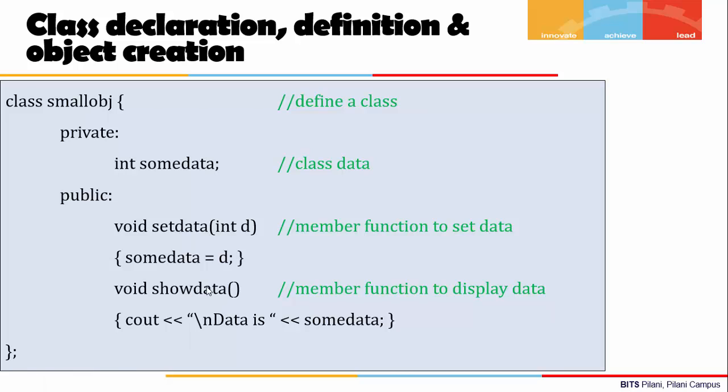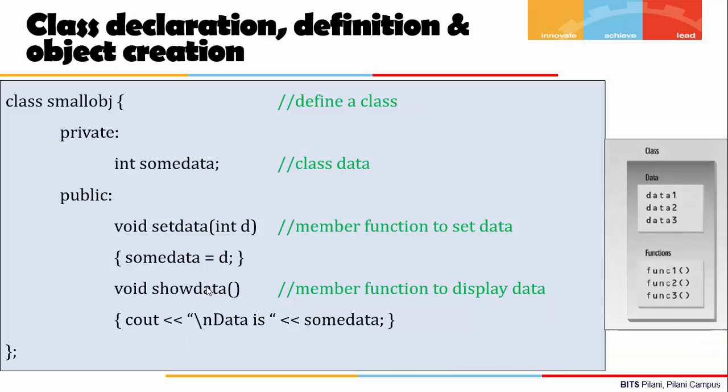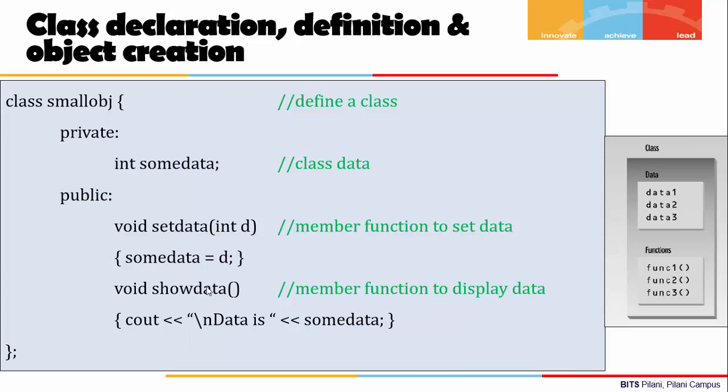Placing data and functions together into a single entity is a central idea in OOP concepts called encapsulation. So in this class, data and functions are placed together. This is the data and these are the functions.